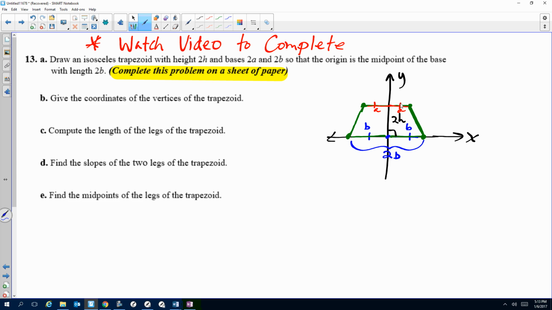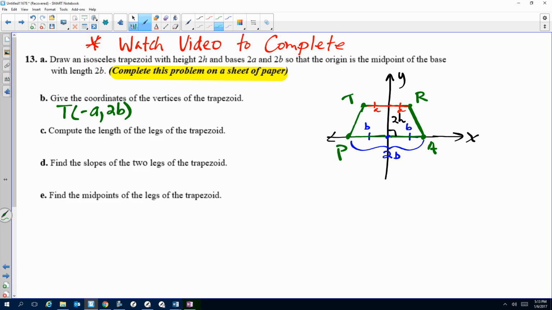So let's get this labeled first. Let's go ahead and just say we have T, R, A, P. So our T would have what coordinate? Think about that. Distance from the y-axis to the left, and it has a height. Our vertical distance is 2h. So hopefully we see that we have negative a, comma 2h.